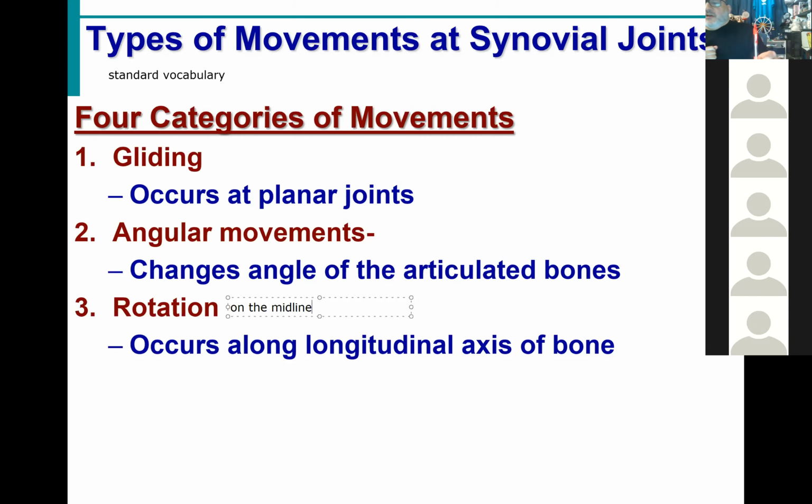Whereas over here on my left side, that same motion would be a medial rotation. So if we're not on the midline, when we talk about a rotation, it's all based on the direction the anterior surface moves.